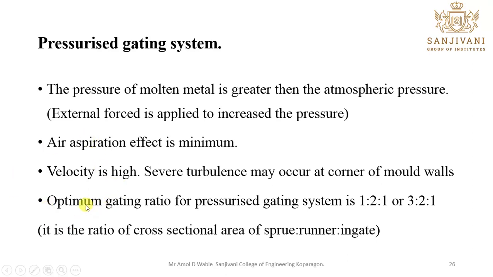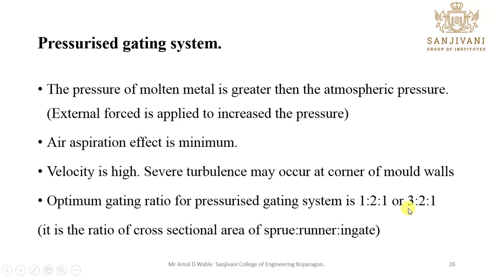Here is another concept: what should be the optimum ratio for a pressurized gating system? It is 1:2:1 or 3:2:1. What is this 1:2:1 or 3:2:1? Here the numbers are the cross sectional areas of the sprue, then the runner, and then the ingate.